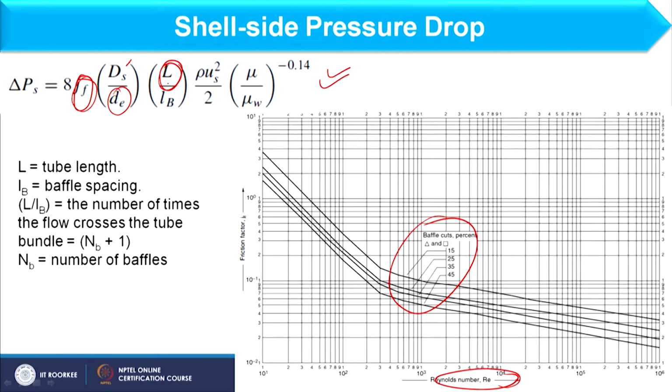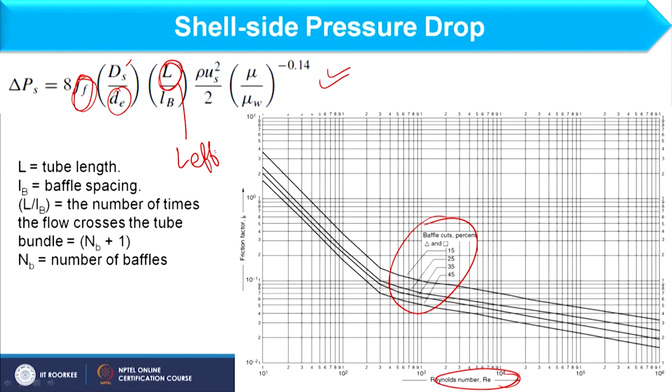the tube length, because I have already told you that once I fix the tube length, I fix the shell length also. So, that capital L is basically the tube length over here, but here this L should be L effective, because the portion of tube inside the tube sheet is not creating any friction in shell side.